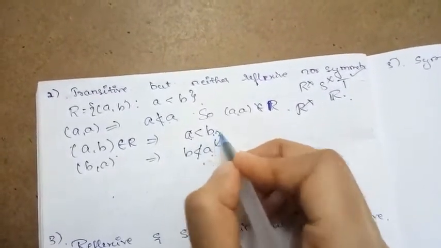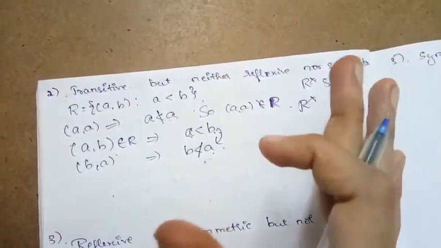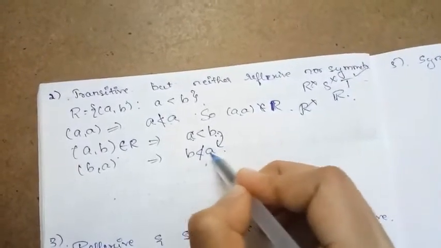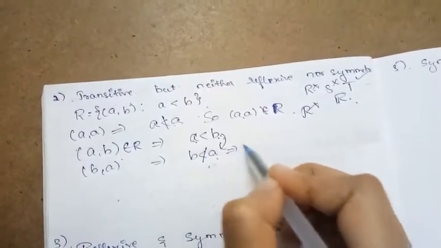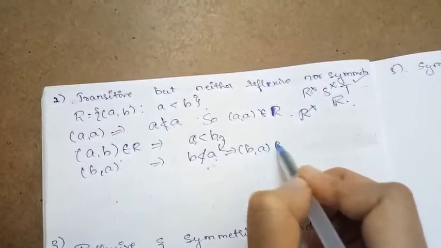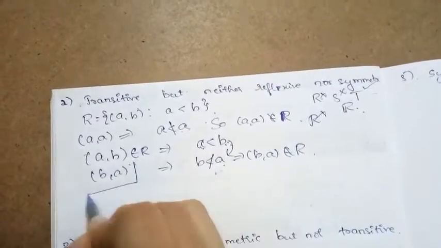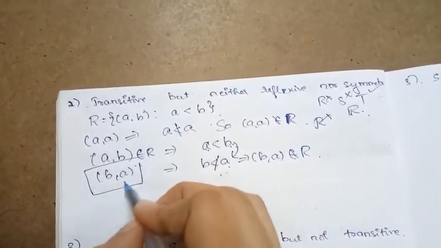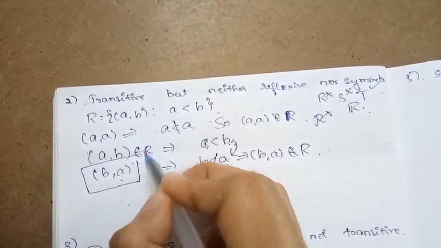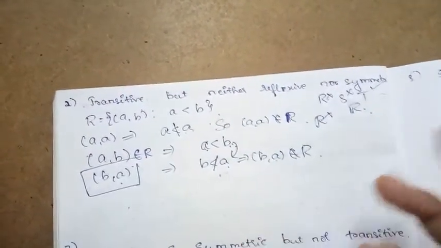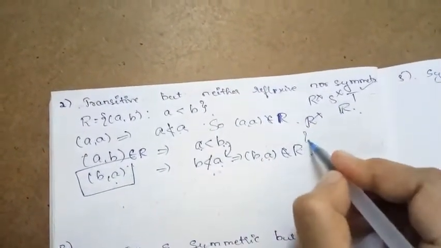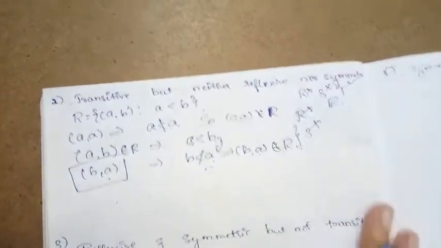So b is not less than a, which means (b, a) does not belong to R. So the relation is not symmetric.